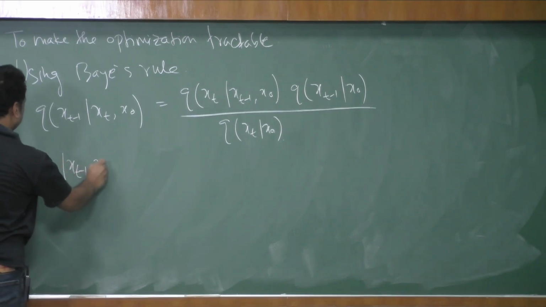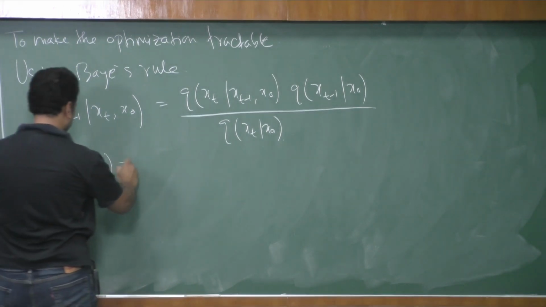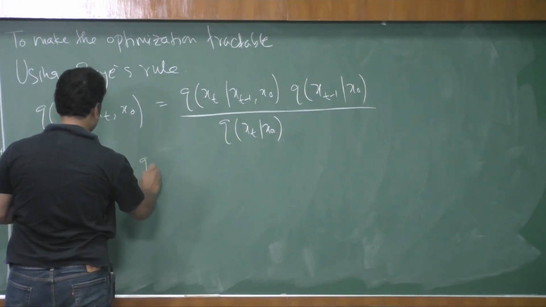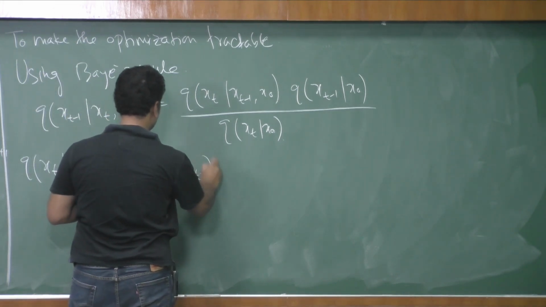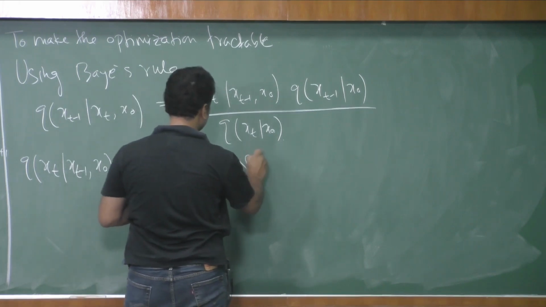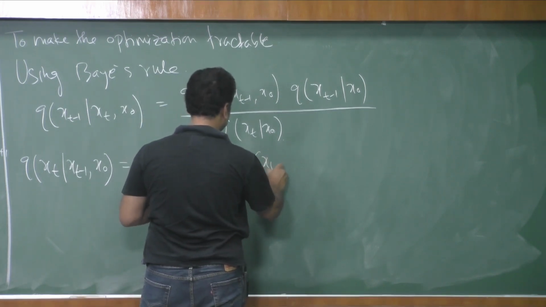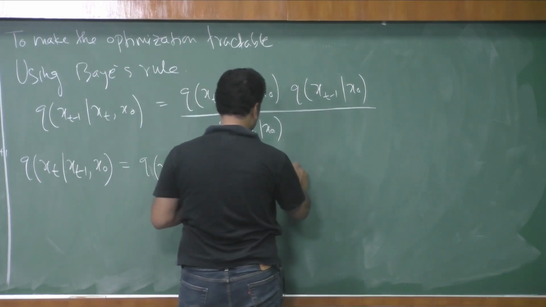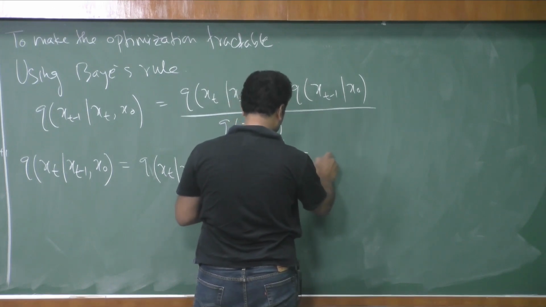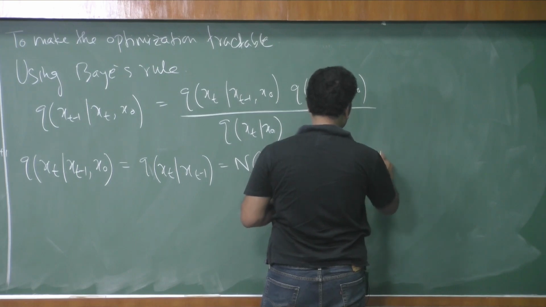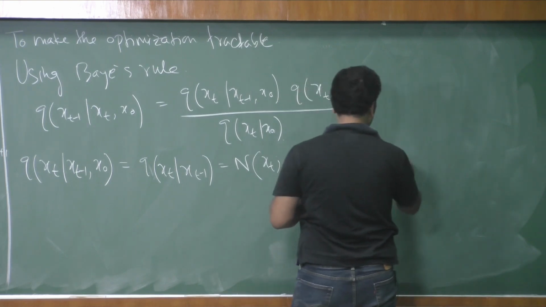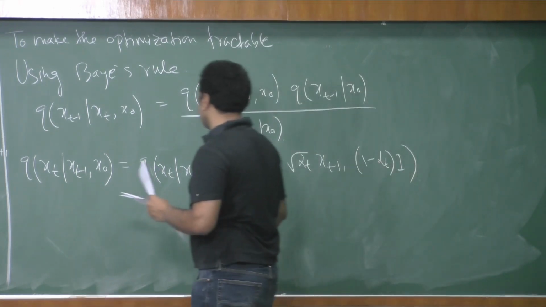Since this is Markov, q(x_t | x_{t-1}, x_0) is q(x_t | x_{t-1}), and this is normal of x_t with mean square root of alpha_t times x_{t-1} and variance (1 minus alpha_t) times identity.